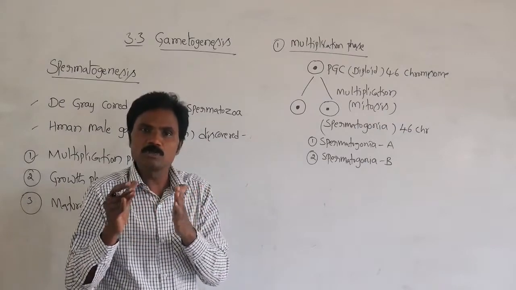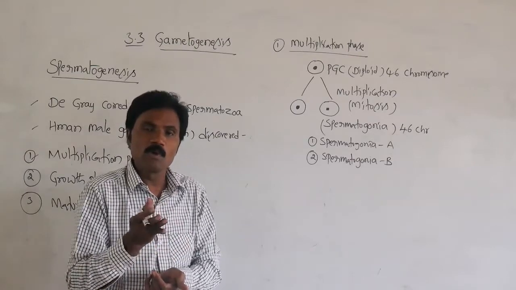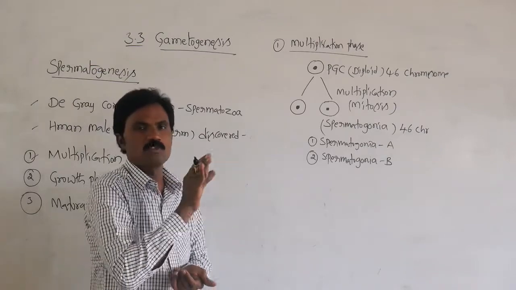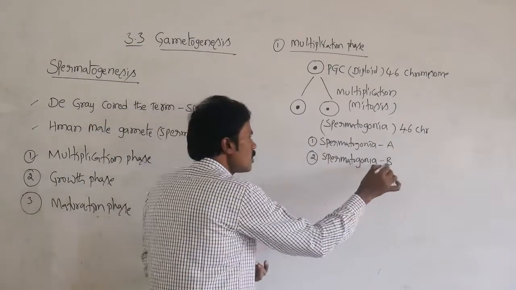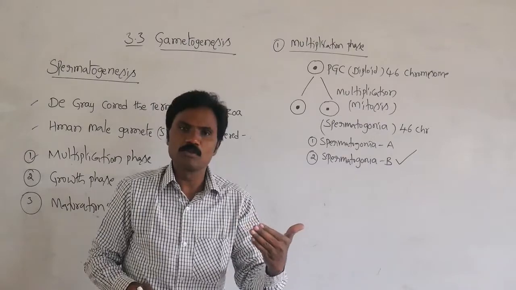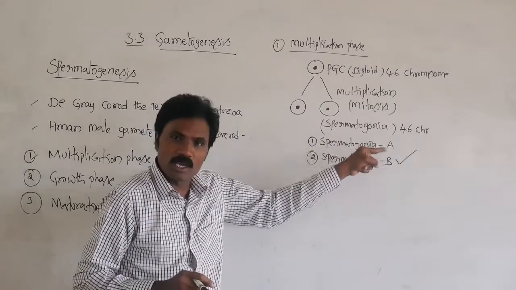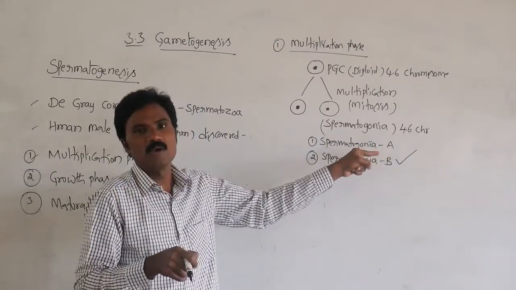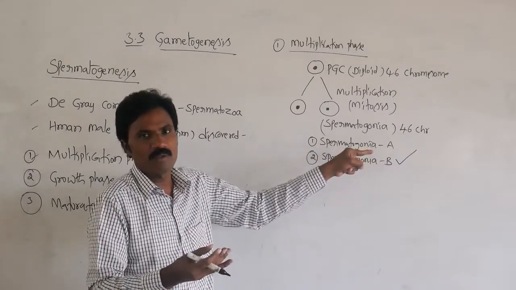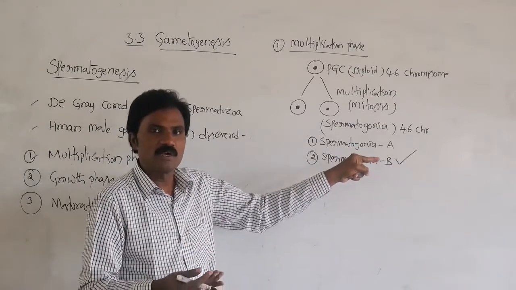Which one undergoes the spermatogenesis process, spermatogonia A or spermatogonia B? Spermatogonia B undergoes the further growth and maturation phases and the formation of male gametes.